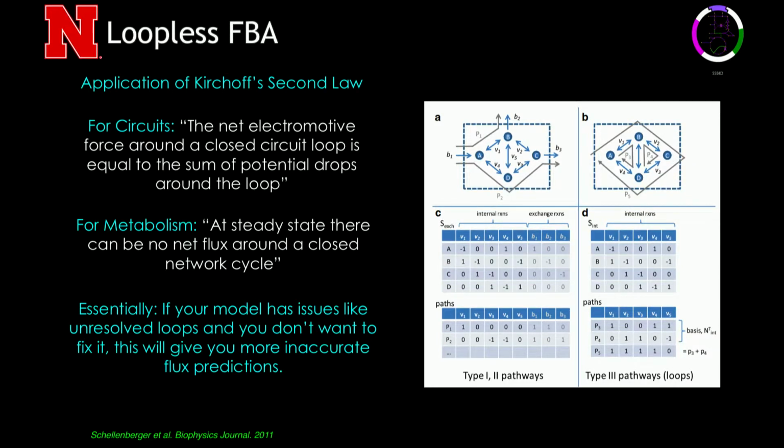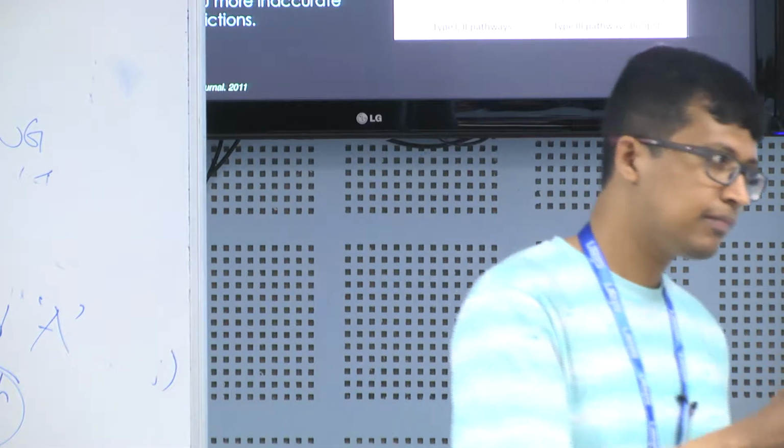But what it basically does, this is not a model refinement. Let me make it very clear. This is not a model refinement. This is like you build a model, you suspect that there might be loops.